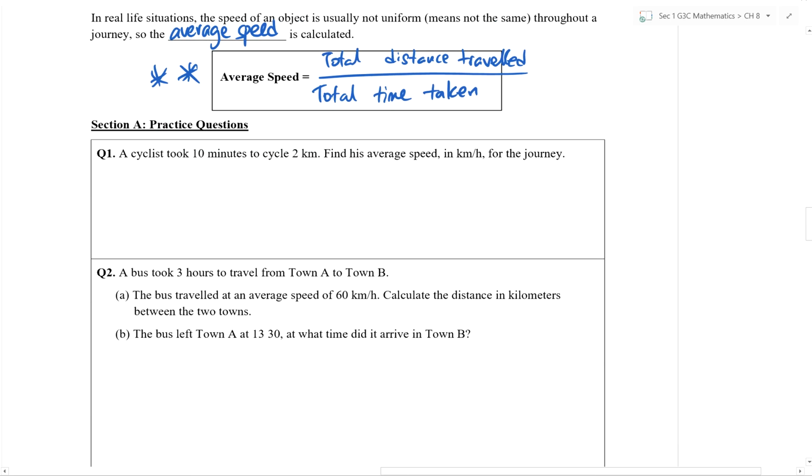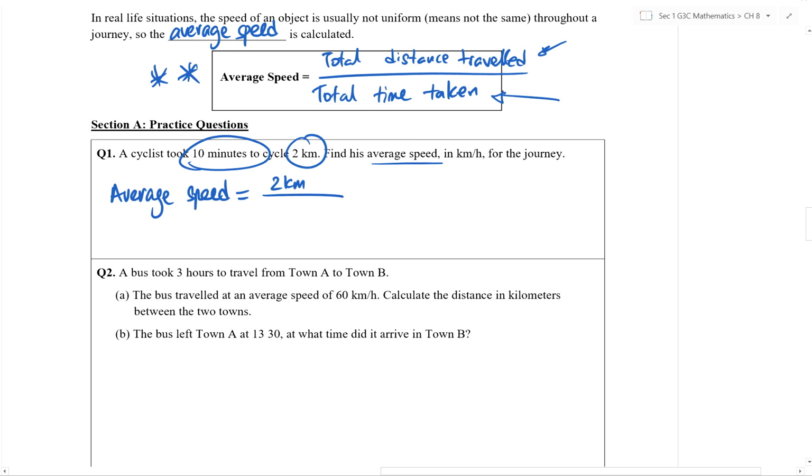Let's see how to apply this. If a cyclist took 10 minutes to cycle 2 kilometers, find the average speed. So average speed is the same as total distance traveled, in this case 2 kilometers, divided by total time taken. It is supposed to be 10 minutes, but take note they want it in hours.